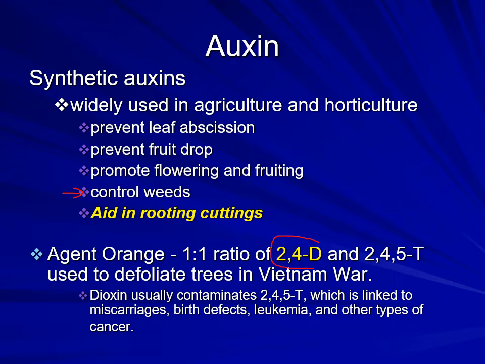2,4-D is a synthetic auxin that when you apply it to weeds, particularly dicot weeds, it causes them to accelerate their growth beyond their ability to make the energy to support it. So if you spray a dandelion, it starts to really go tall and curls around on itself, and eventually it outstrips its own energy.